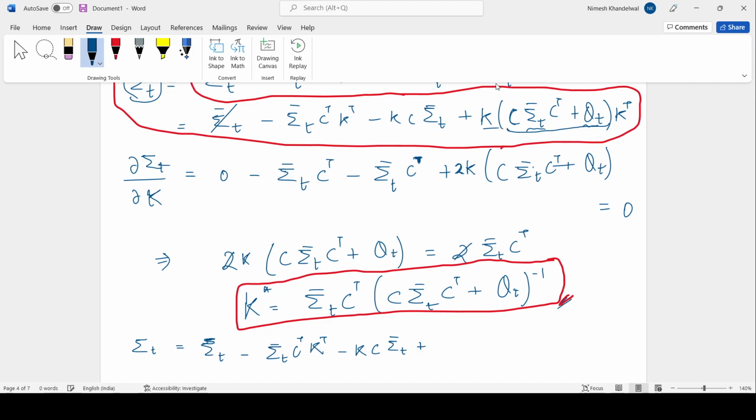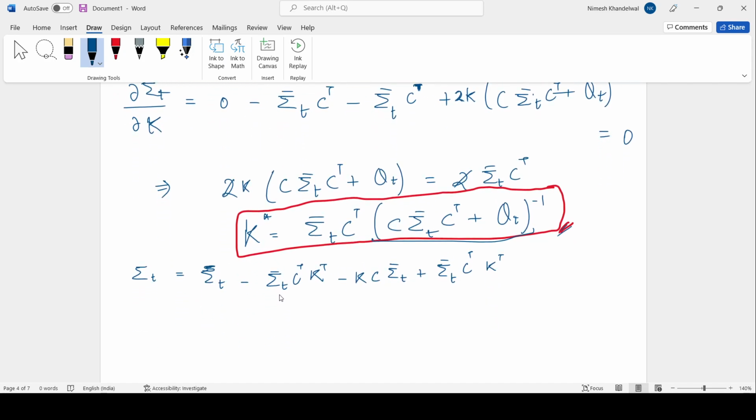Now if I replace K here, you will see this is just a small manipulation that I'm doing to make things easier to see. Even if you replace K everywhere, the terms that will cancel out now will still cancel out. C transpose is multiplied by the inverse of the same quantity, so it will be identity, and it will be left with this only.